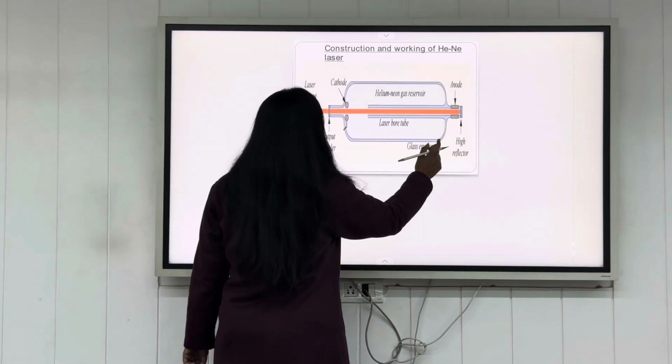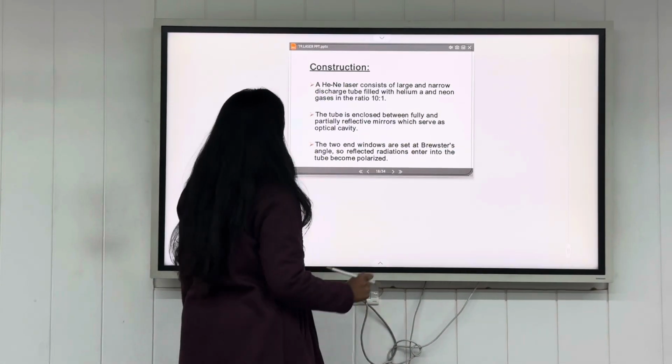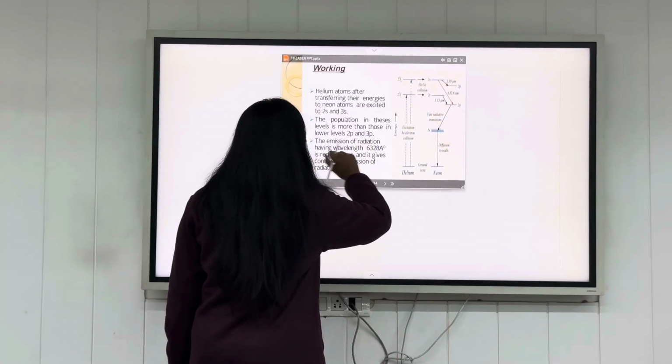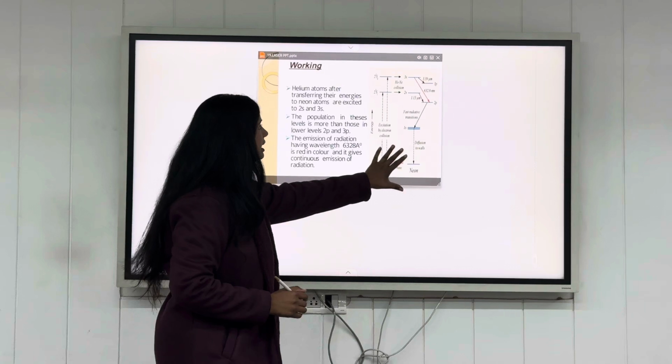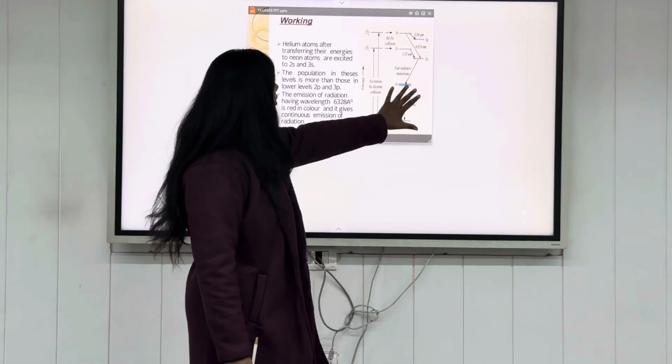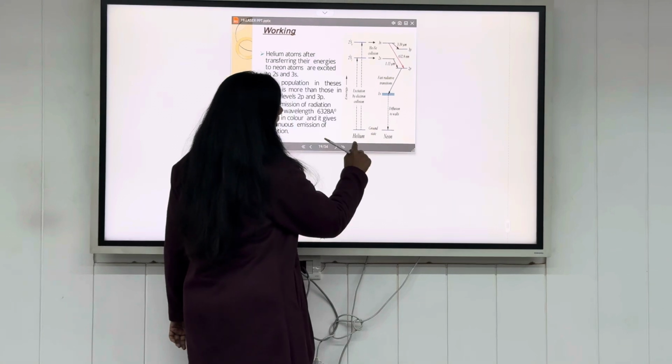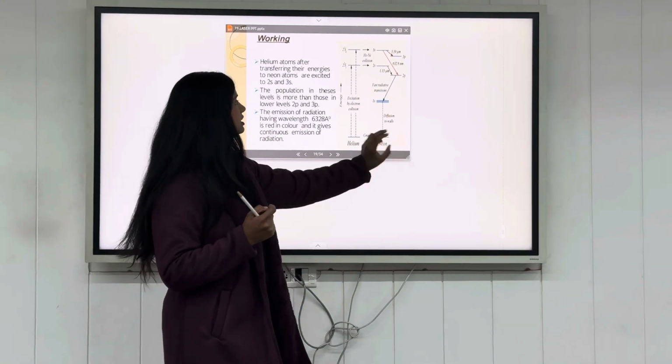Now let us discuss the working of the helium-neon laser. So this is the energy level diagram of the helium-neon laser. This is the helium gas and this is the neon gas.